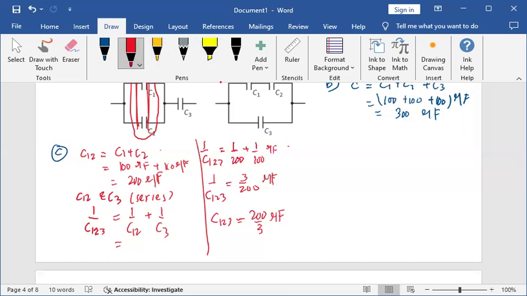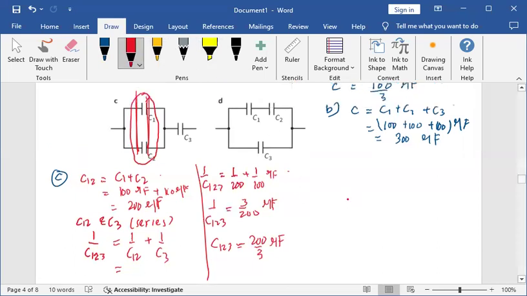And the last one, D. For D, you can see here C1 and C2 are in series, and then C12 is connected in parallel with C3.